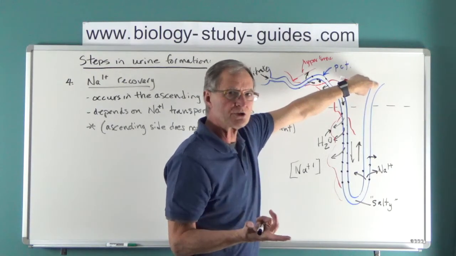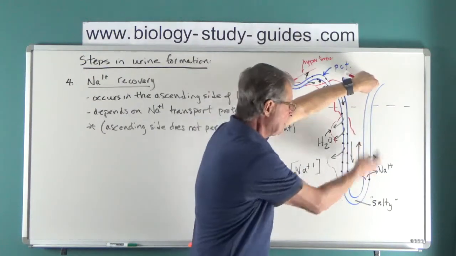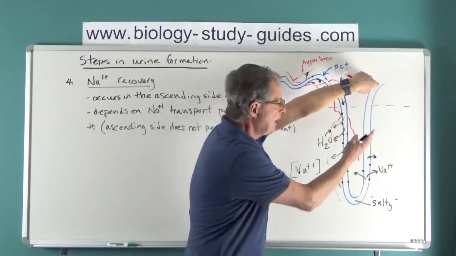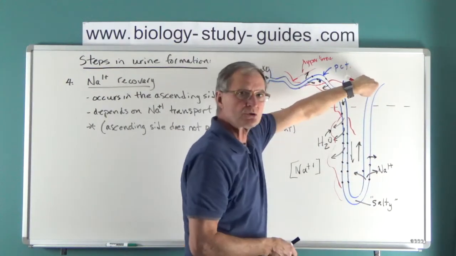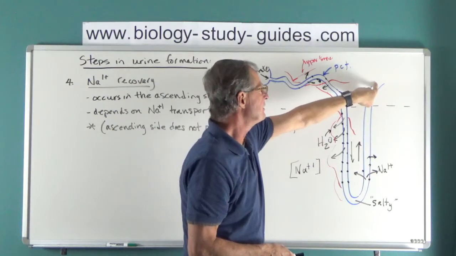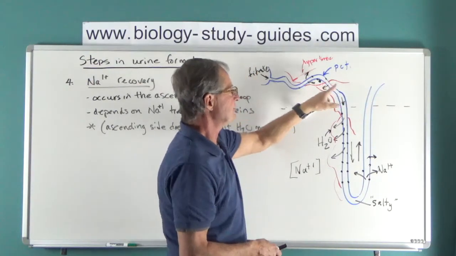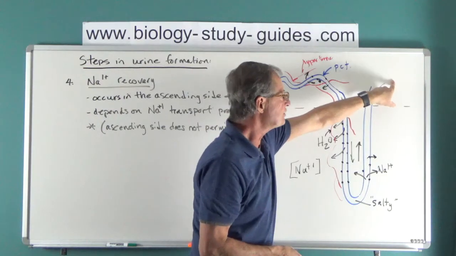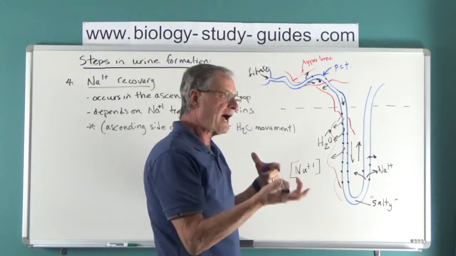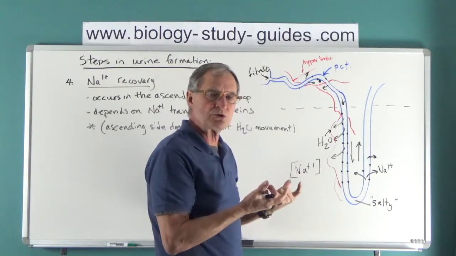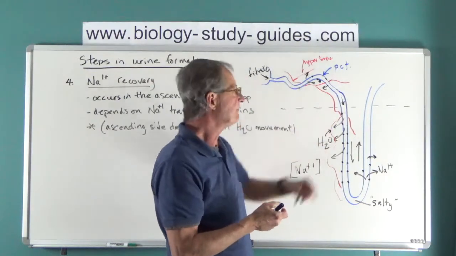It's way more concentrated because most of the water came out, and it's way less salty because a lot of the sodium ions and chlorine ions came out on this side. So this is not so salty anymore. In fact, this is literally isotonic to this. So this material in the distal convoluted tubule and the proximal convoluted tubule, in terms of their ion-water ratio, they're isotonic. We've just lost a lot of water and a lot of salts.